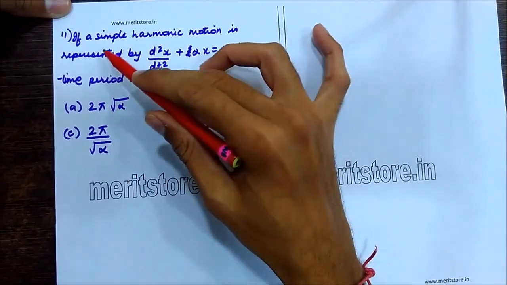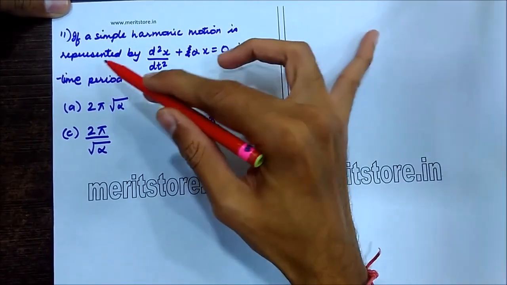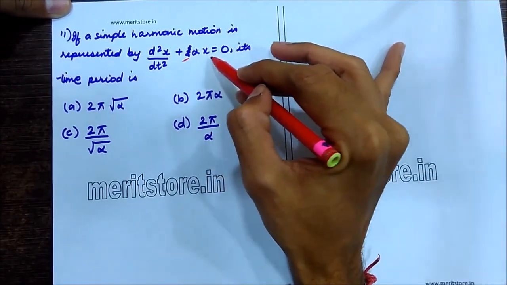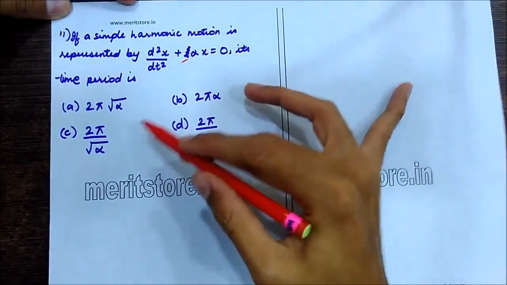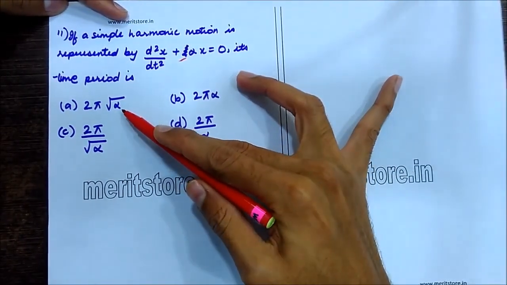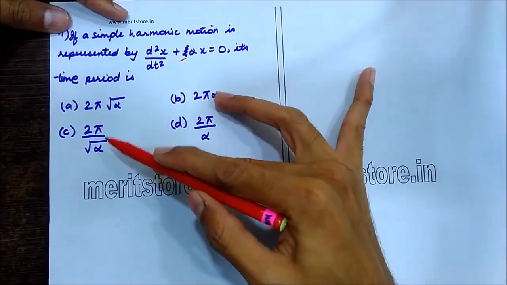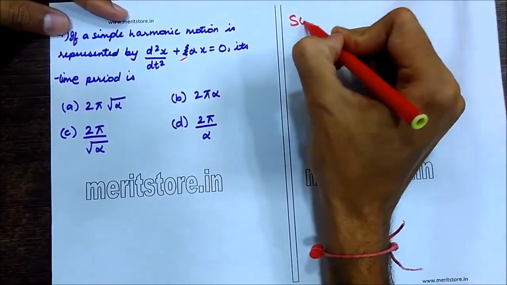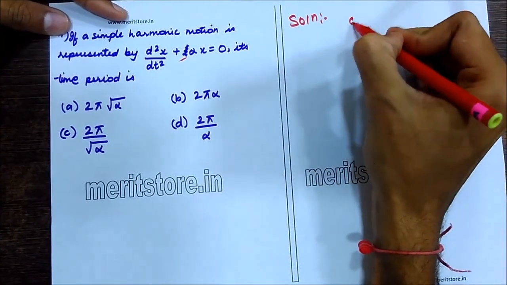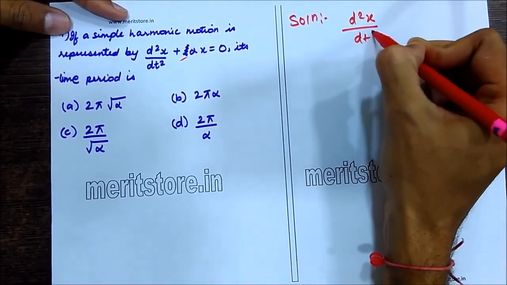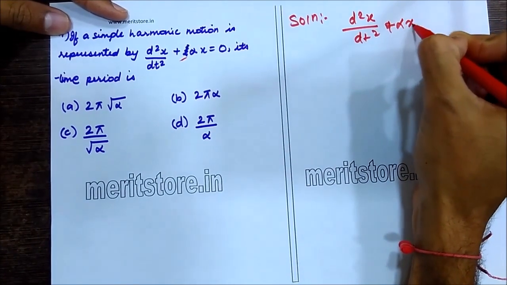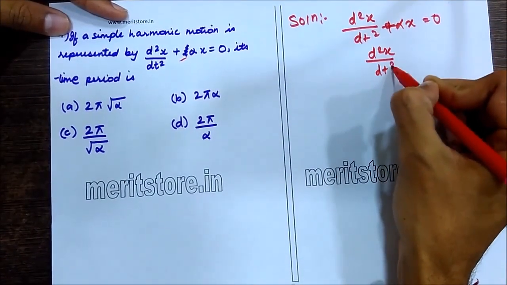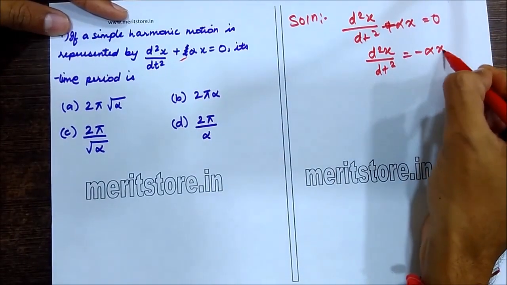Now, a simple harmonic motion is represented by d square x by dt square plus alpha x equals 0. Its time period is: root 2 pi, 2 pi under root alpha, 2 pi alpha, or 2 pi by alpha? So here we have the equation d square x by dt square plus alpha x equals 0. We can write it as d square x by dt square equals minus alpha x.